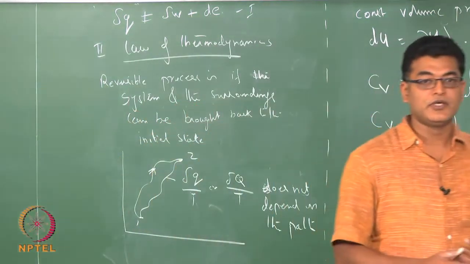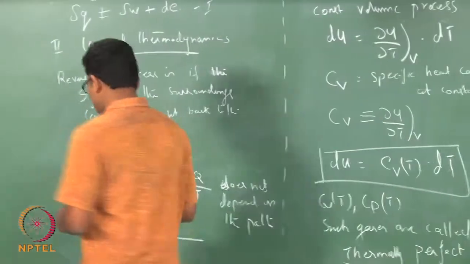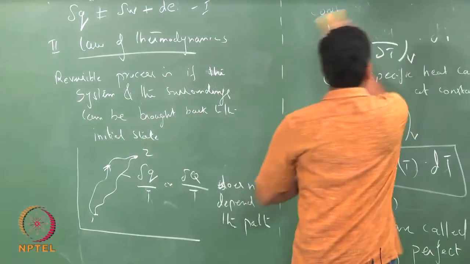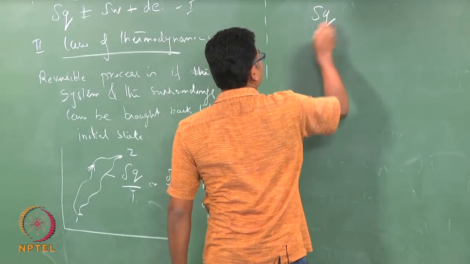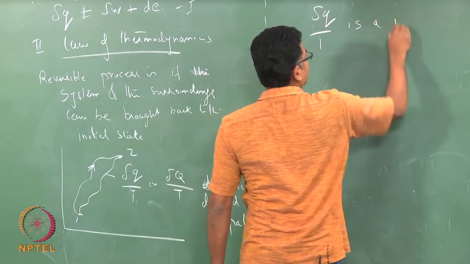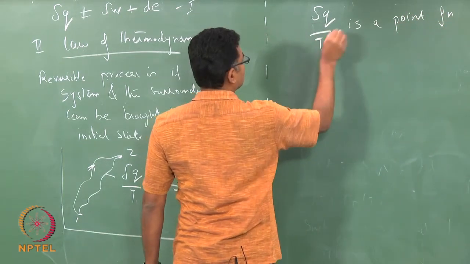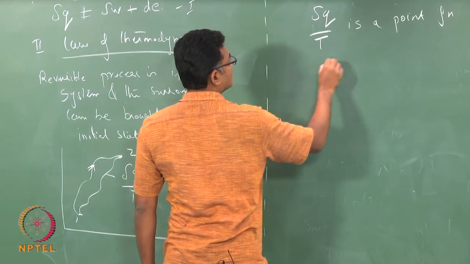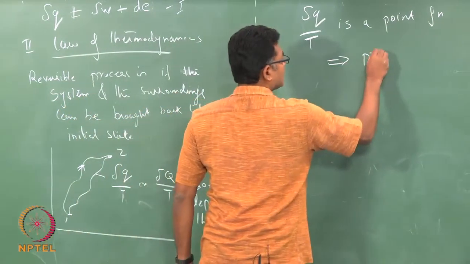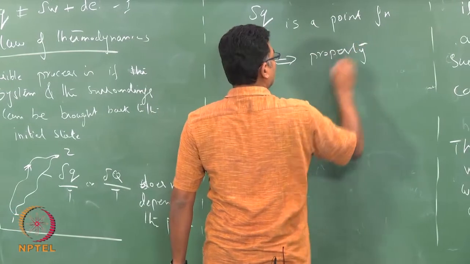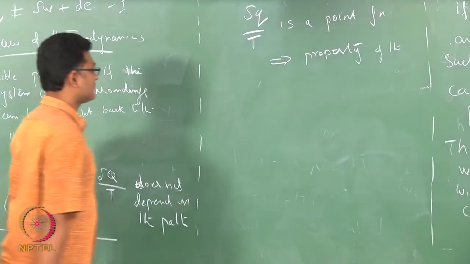So from state 1 to 2, delta q by T is going to be the same, which means delta q by T is a point function, and point functions imply delta q by T is a property of the system or of the process or whatever.